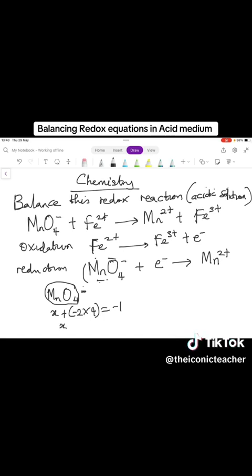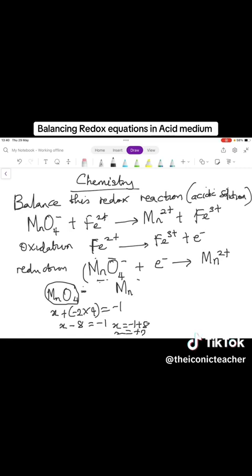So X minus 8 gives us -1, so X is -1 plus 8, which is +7. So the oxidation state of manganese in this polyatomic ion is +7. Now it has moved from +7 to +2, so it means it gained 5 electrons.